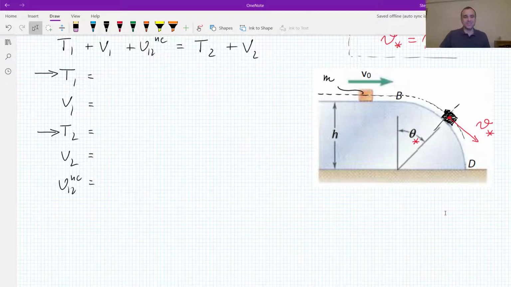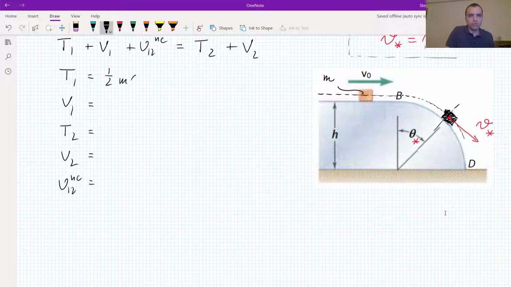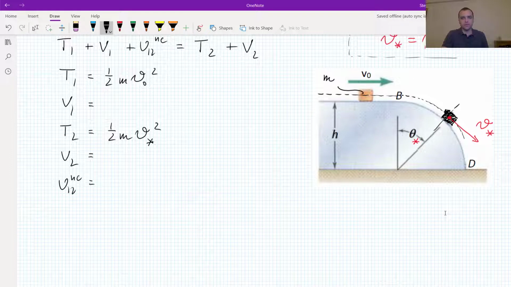Again, feel free to pause the video and find expressions for T1 and T2. These expressions are naturally 1/2 m v0 squared and 1/2 m v star squared. Now, if you would like to, you can again pause the video and find values for V1 and V2.